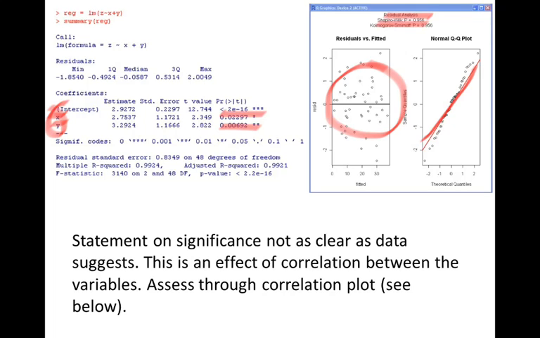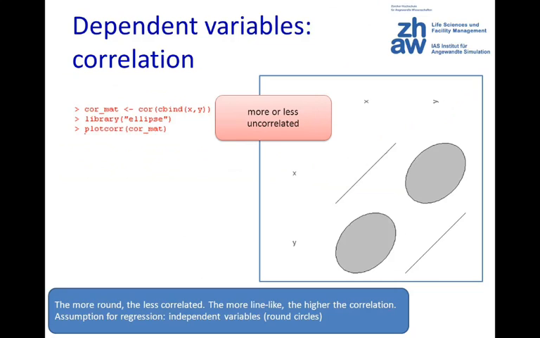Let's look at the correlation plot to assess correlation between variables. If you use the correlation coefficient as you have learned in mathematics already, you can do that also for several variables, but you need to bind all those variables into a matrix with the command cbind.